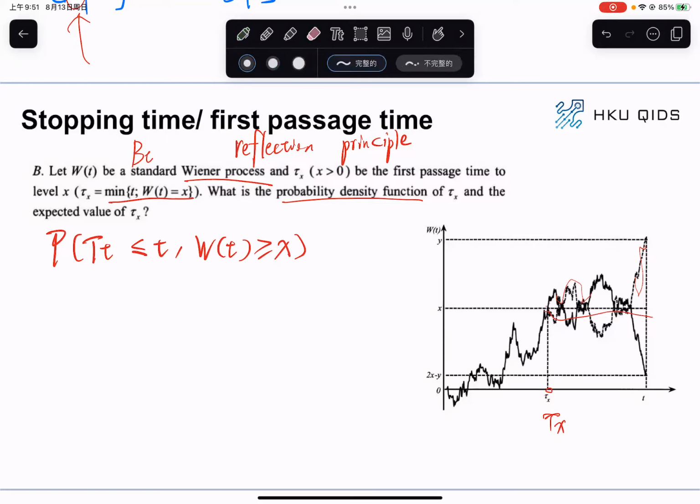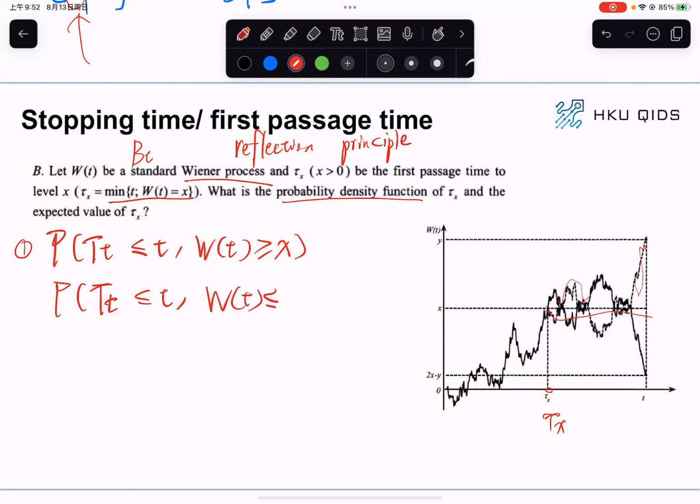We need to consider these two cases differently. So we have tau_x smaller than t and W_t smaller than or equal to x. We need to consider these two both, right?